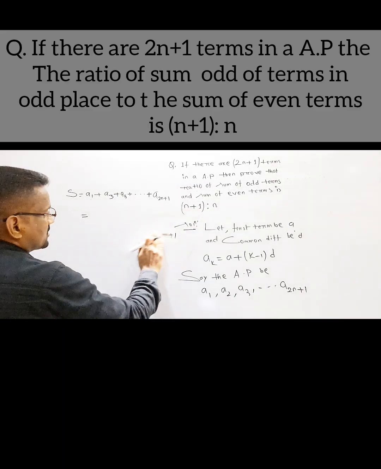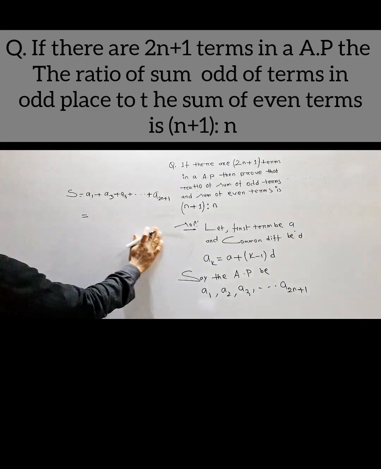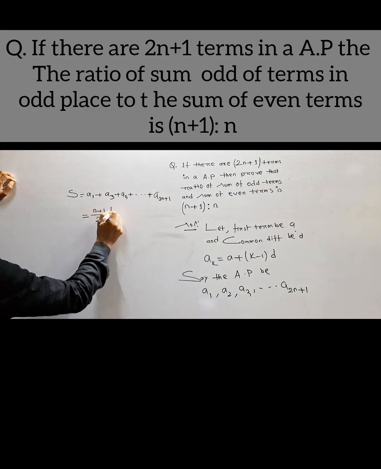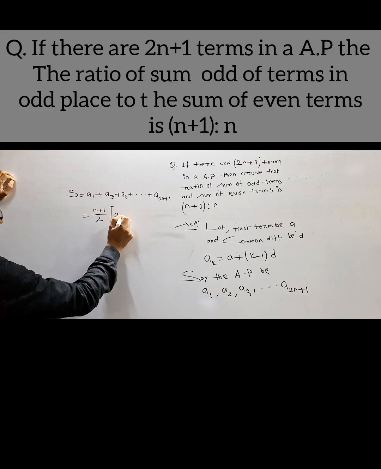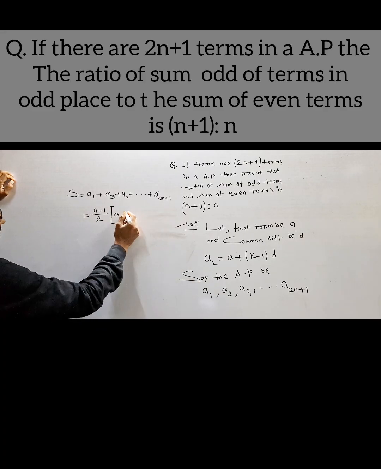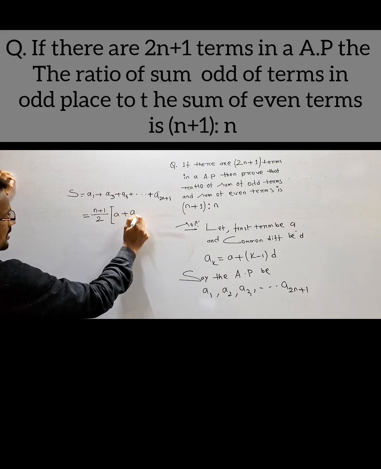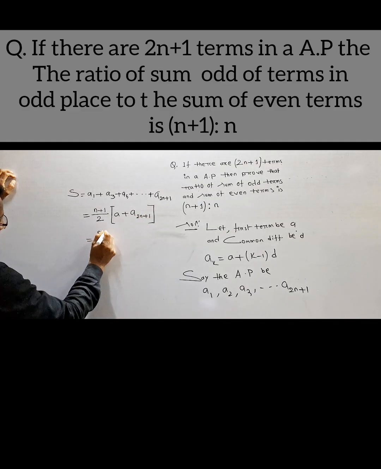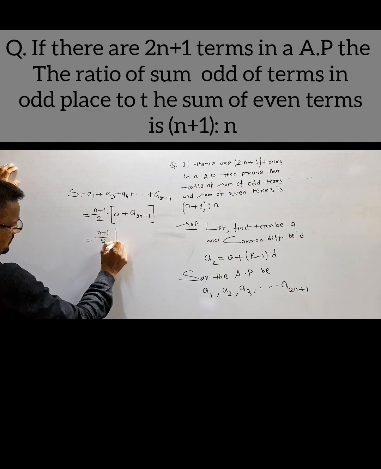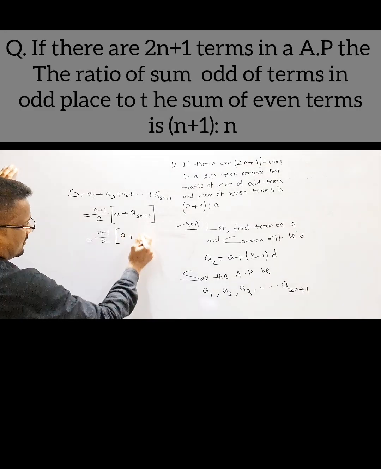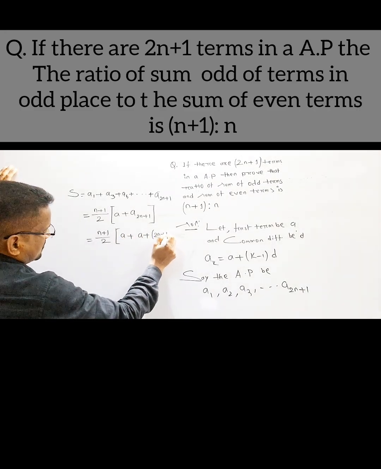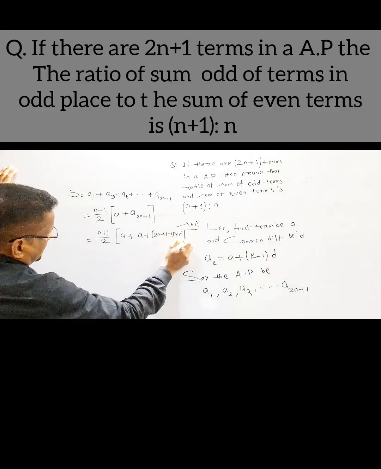The sum of all the terms will be what? That is number of terms n plus 1 by 2 into first term plus last term. That is a1, a1 means a only, plus last term, which is a_(2n+1). So n plus 1 by 2 into a plus a plus (2n plus 1 minus 1) into d.